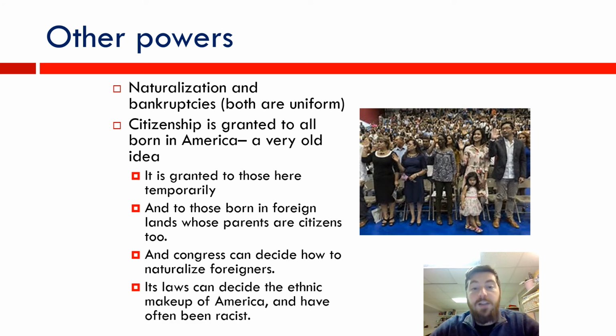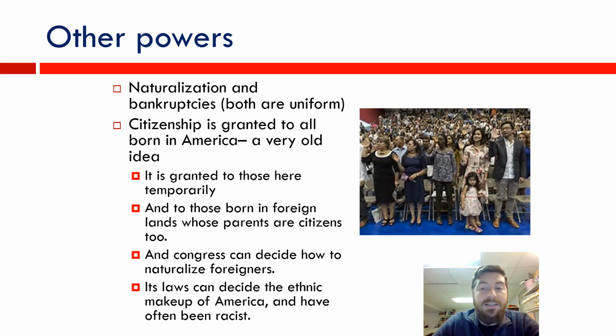Congress can, by law, decide what races and ethnicities are allowed to come to America. And if you know anything about the American government and the American people, especially in the past, they haven't always made very good laws. There have definitely been times that Congress has used these powers in a very racist way.